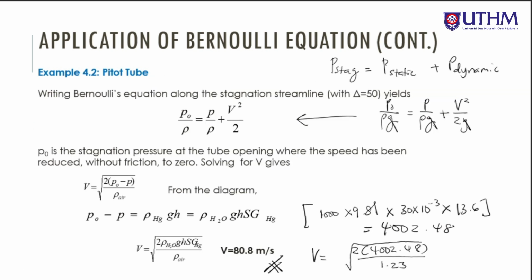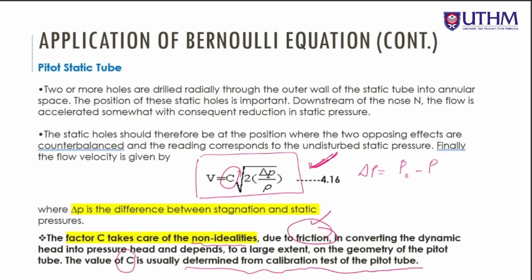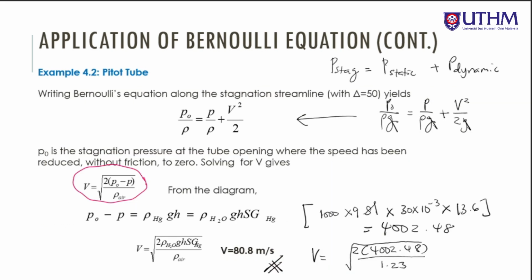So first of all, we need to write the Bernoulli equation along the stagnation streamline. Actually, if we remember, we can use this formula directly, without C, because we consider those assumptions. The one with C is for the non-ideal case. This can actually be derived from Bernoulli itself.